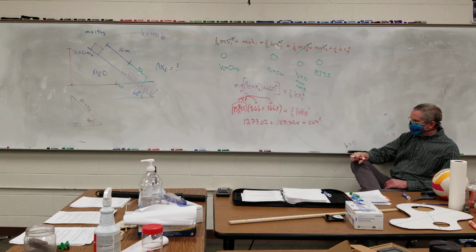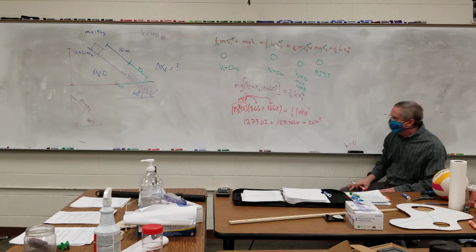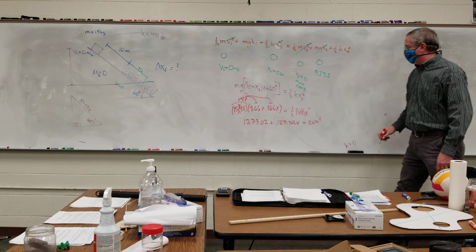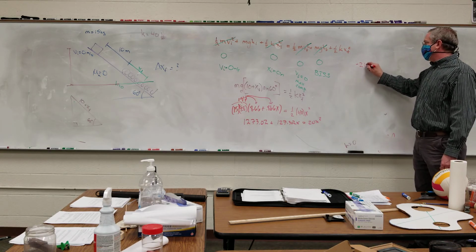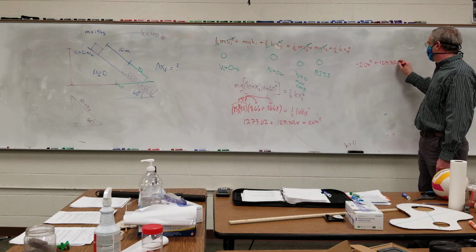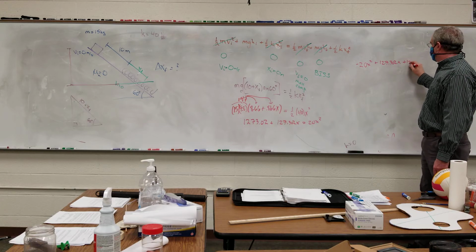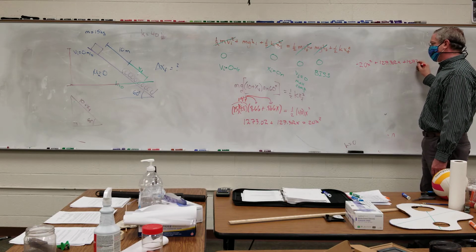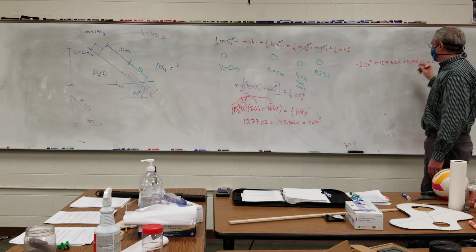That would be minus 20x squared. Get it over to the other side? Yep. All right, so it's quadratic, so get it equal to 0. We get negative 20x squared plus 127.302x plus 1,273.02 equals 0.